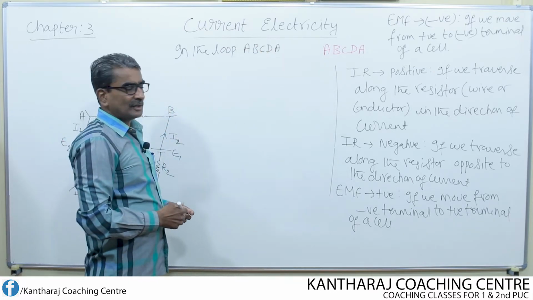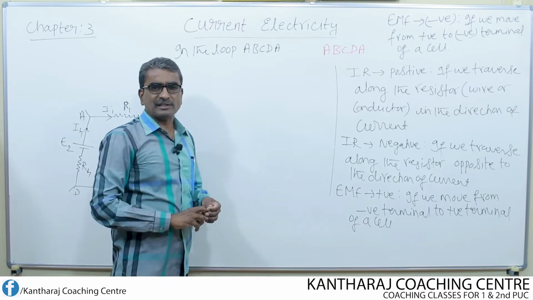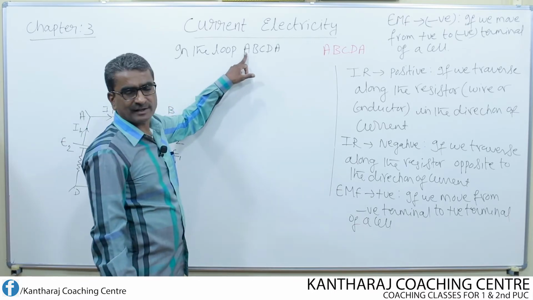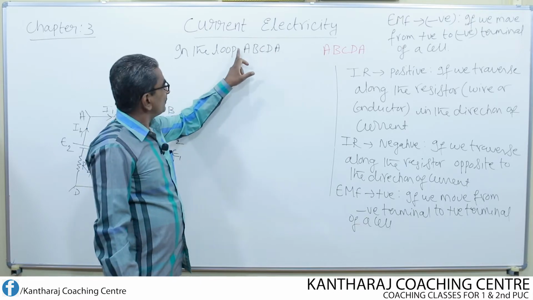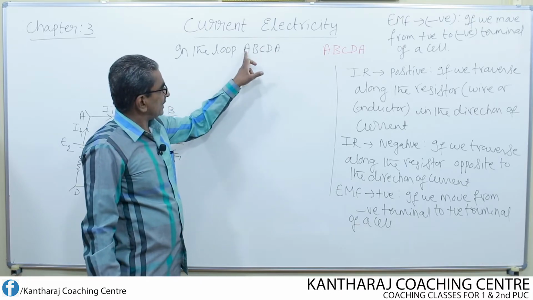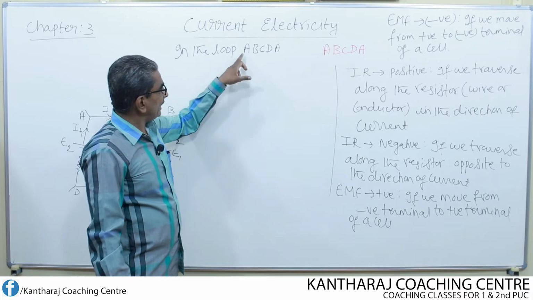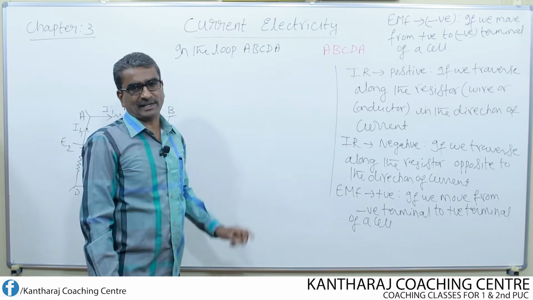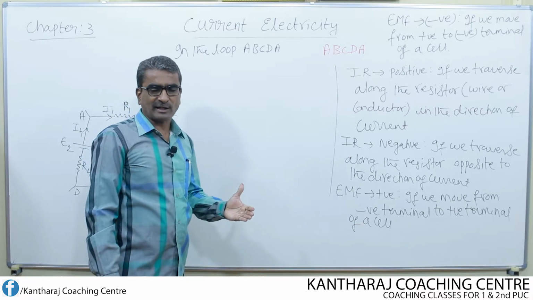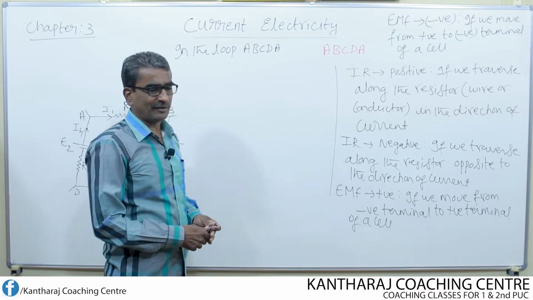Now, I start from one point, which is the starting point here. I start from A, come back to the same point. So, from starting point to the ending point, which are one and the same here, move only in one direction. That means either in clockwise or in anti-clockwise.